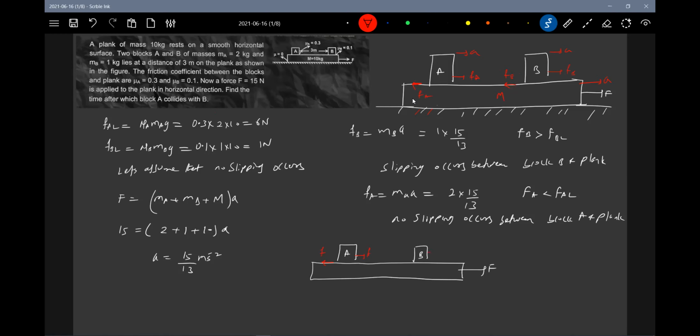Then here there will be relative slipping, with FBL acting. They will have acceleration. This plank will have acceleration a naught, whereas this will be aB. This much of the initial condition is what we should have.